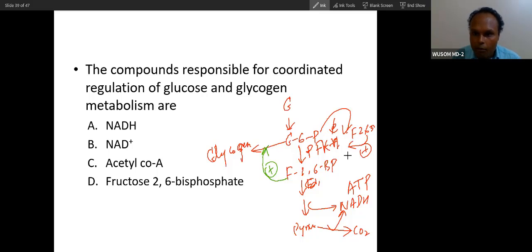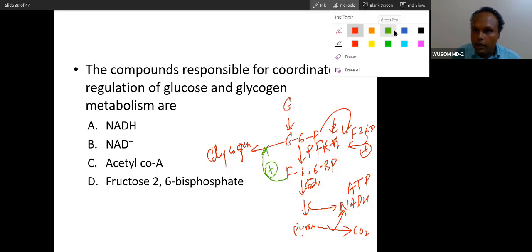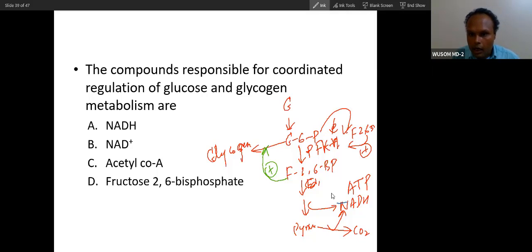The more glucose becomes high, the more of this there will be. But these inhibitors, ATP and these others, will inhibit this. Because of inhibition of this, there will be production of more glycogen. There will also be inhibition of pyruvate kinase by ATP.